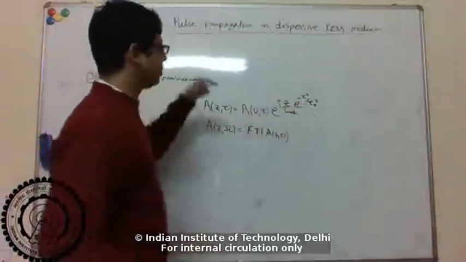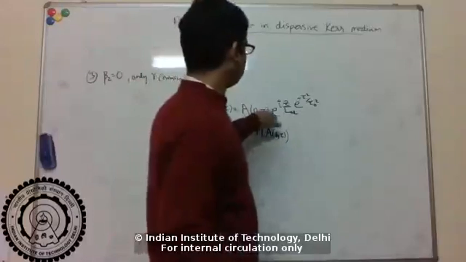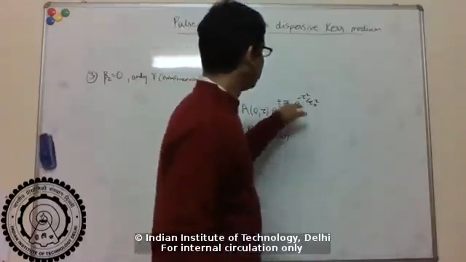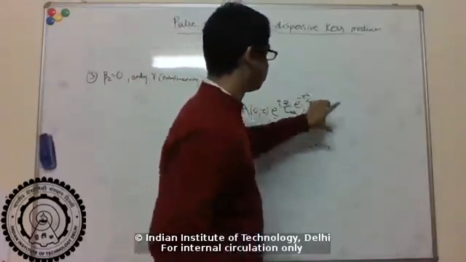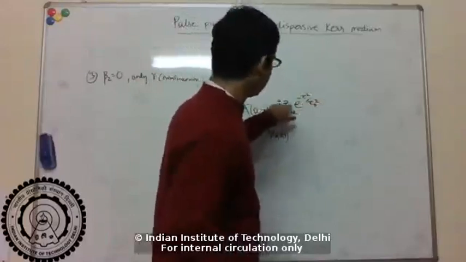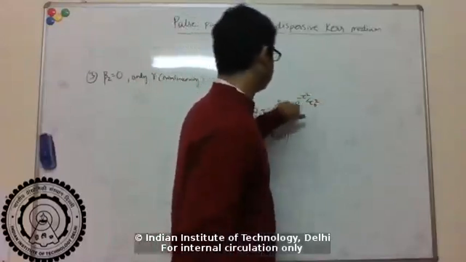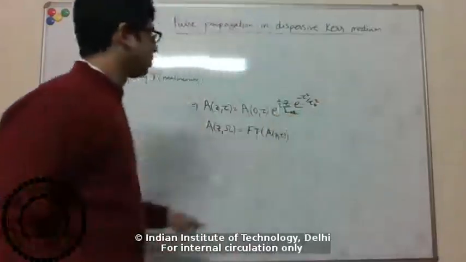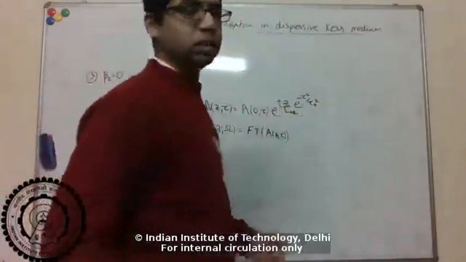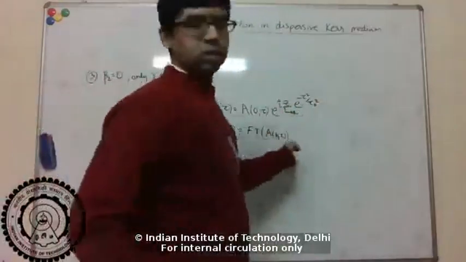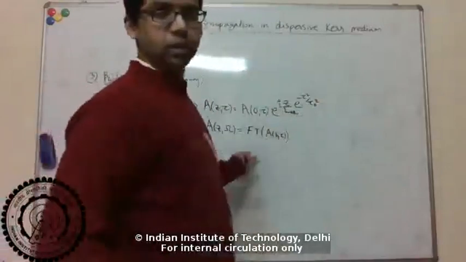Okay, so in the dispersive case, the phase was going linearly. We had some Gaussian amplitude times some phase, but here we have e to the i, some function which is itself a Gaussian. So at least analytically, it's not possible to just solve this. You can do it numerically.